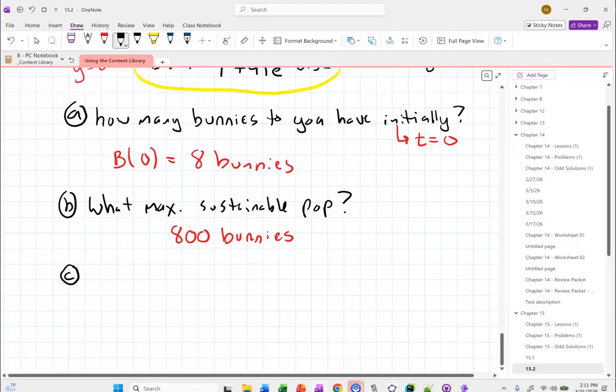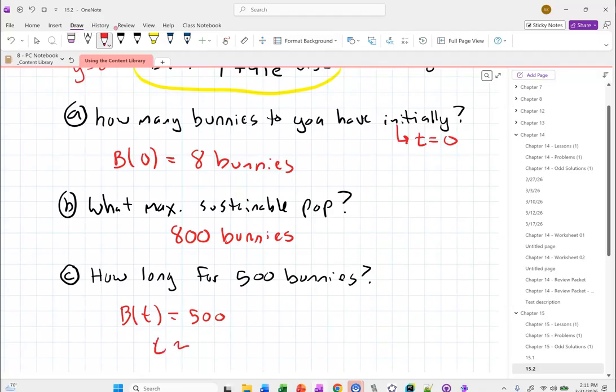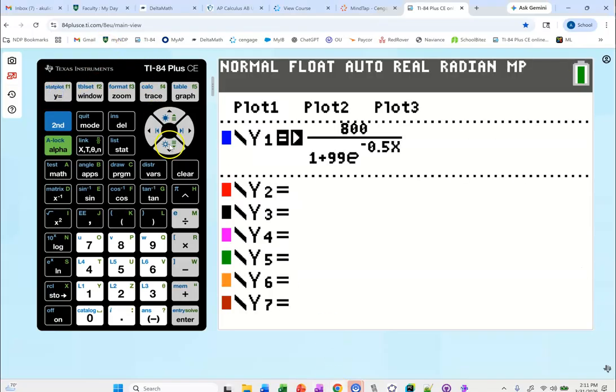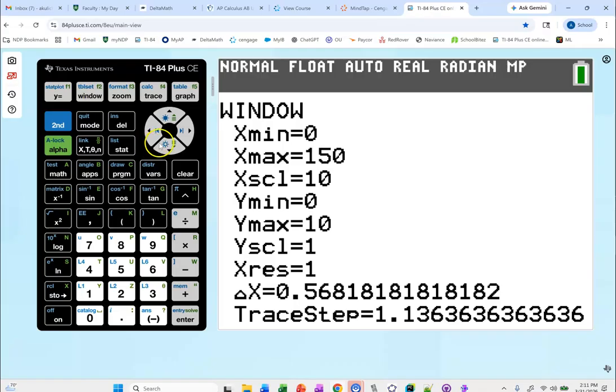And then part C asks, how long will it take to get to 500 bunnies? So here I want to solve B(t) equal to 500, and give my answer in years since my equation was in years. So I'm going to go to my calculator, type in 500 for Y2, set myself a window.